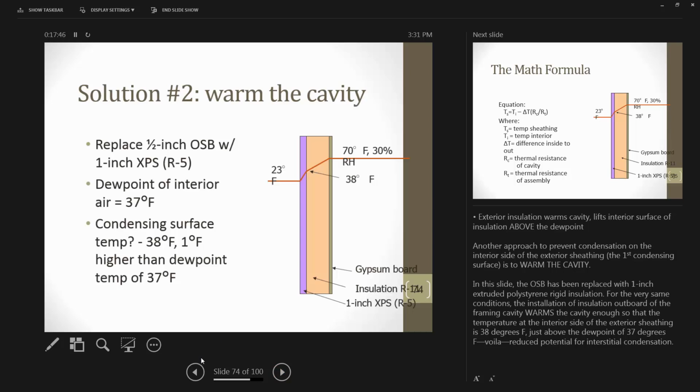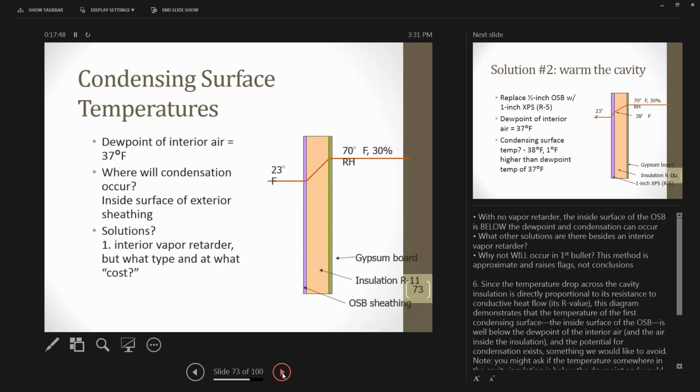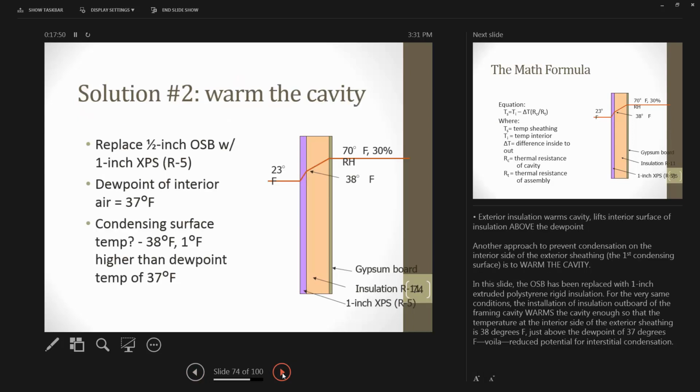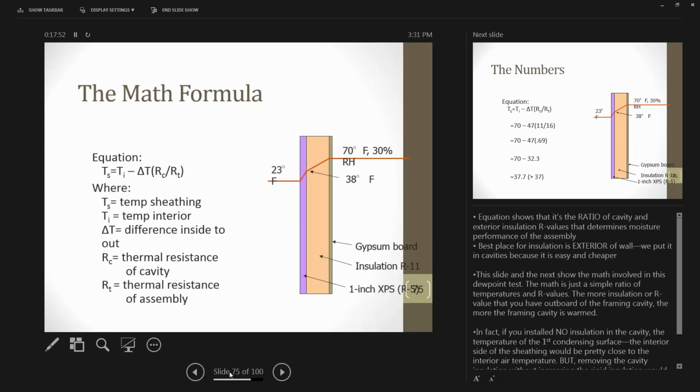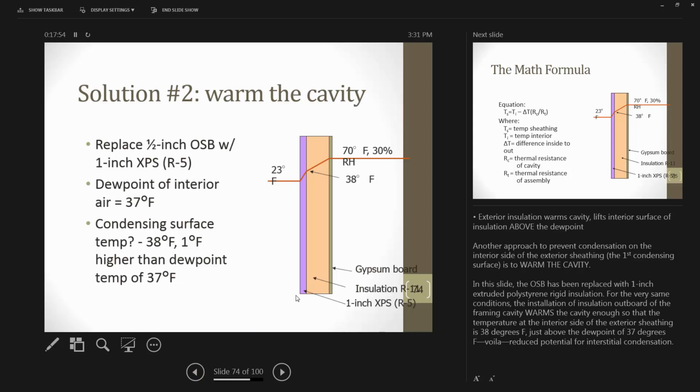I won't make you go through that calculation. So, we get a dew point of 37 degrees, but the temperature of our condensing surface is 38 degrees.